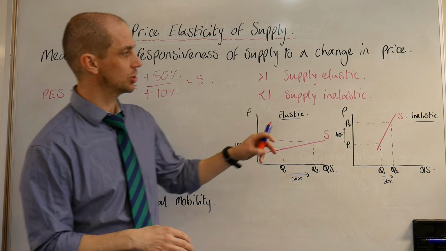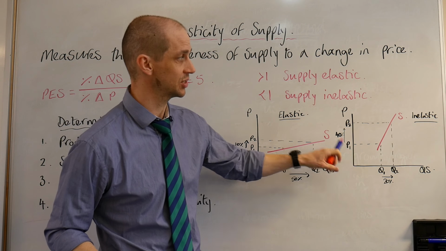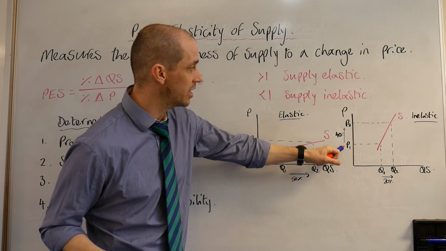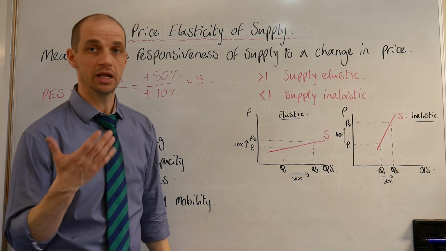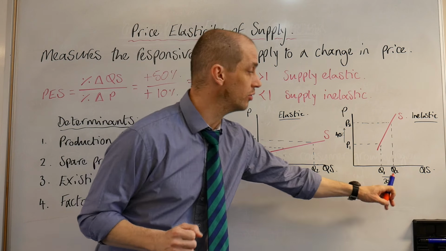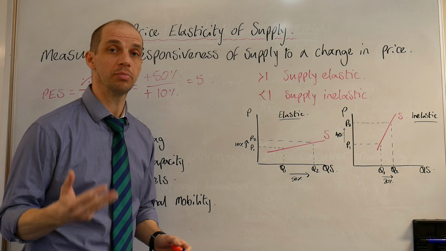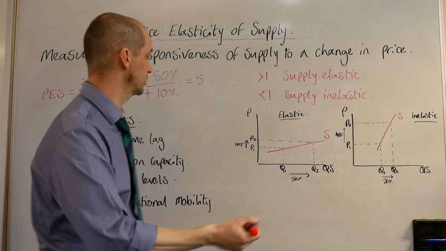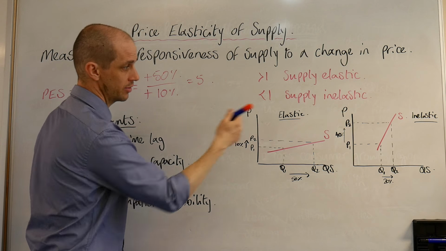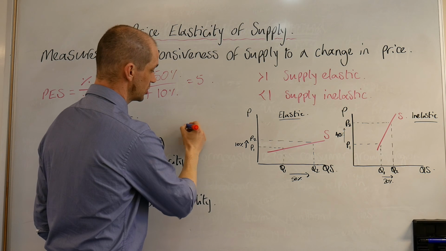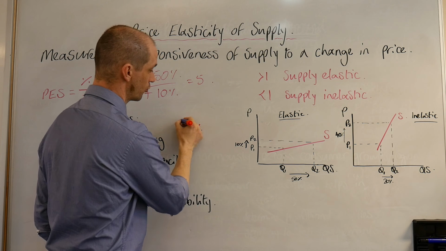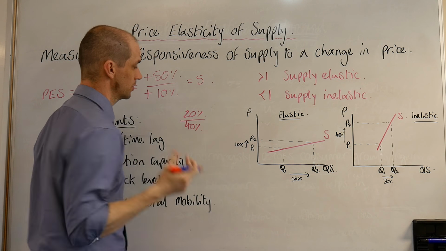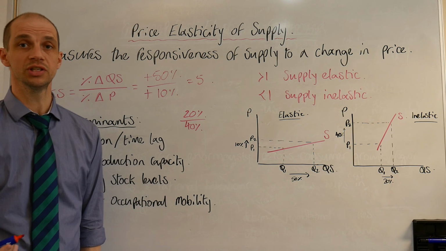Okay, now let's just contrast this with a more inelastic or insensitive or unresponsive supply curve. Here, a 40% increase in the price level would only increase the quantity supplied by 20%. Okay, so a very different circumstance. So let's just work through the actual figures that we've got here. So we've got 20% divided by 40%.